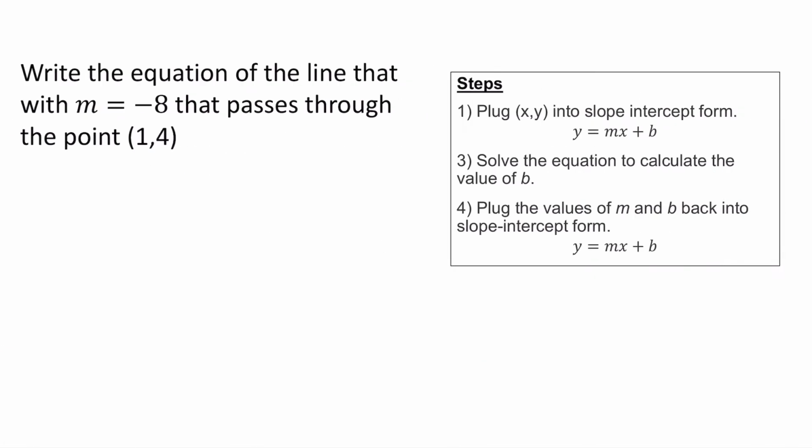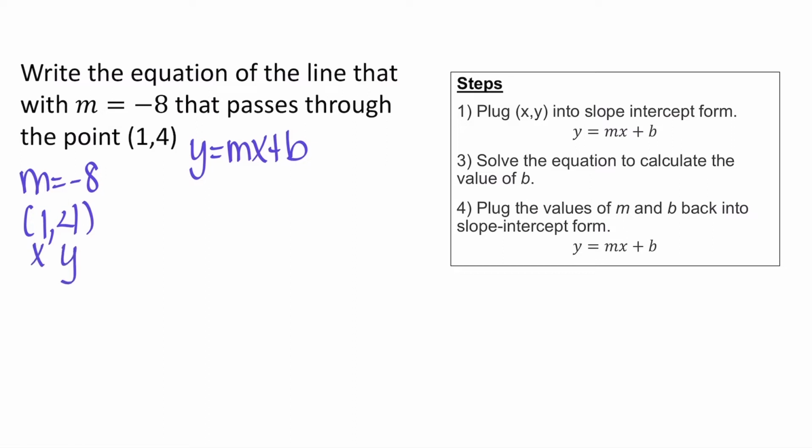Now let's write the equation of the line that has m equals negative 8 and passes through the point (1, 4). So once again, we're writing in y equals mx plus b. I have m equals negative 8, and I have the point (1, 4), which tells me the value of x and y. So when I plug into my equation, I get 4 equals negative 8 times 1 plus b.